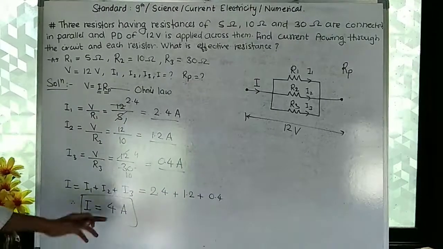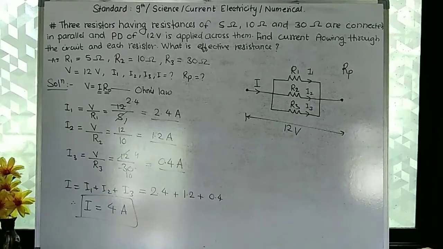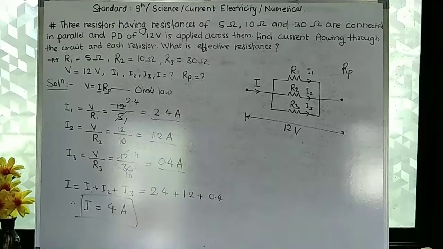What is the value of current? 4 ampere. Now we will find the value of effective resistance. We can find it easily by applying Ohm's law.